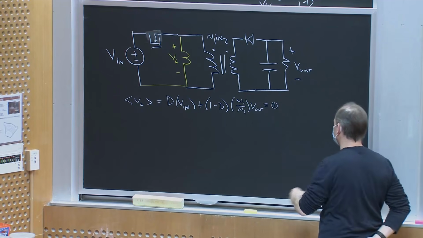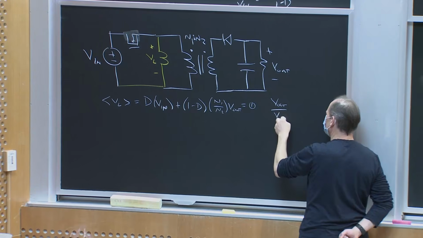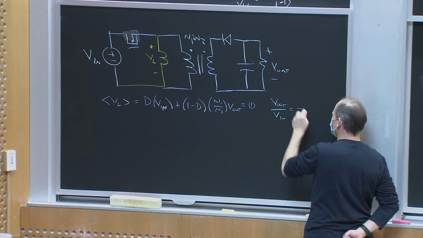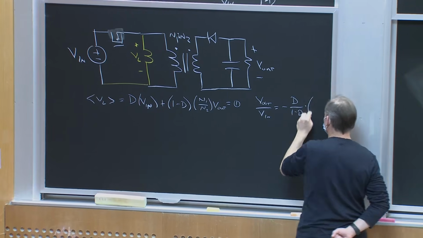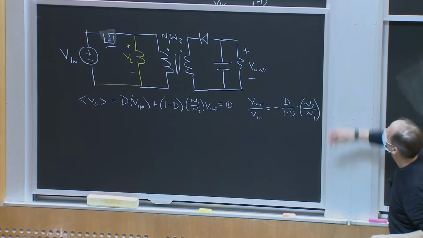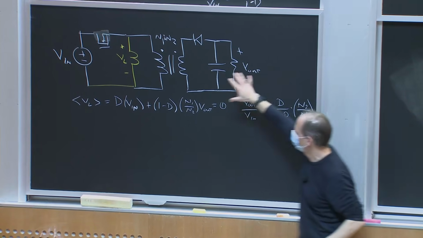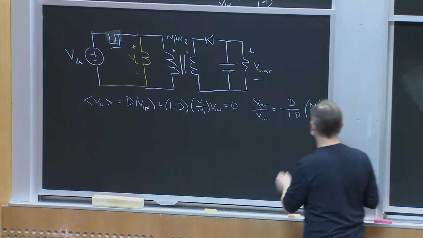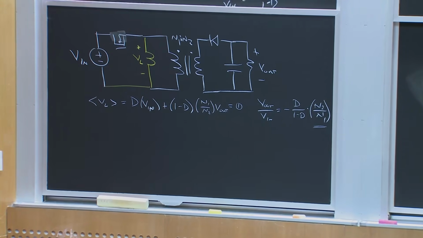And if I rearrange this, what I get is V out over V in is equal to minus D over 1 minus D times N2 over N1. Okay? So it's the same conversion ratio that I got up here, but because I put a transformer in the middle, I get this scaling by the transformer turns ratio.